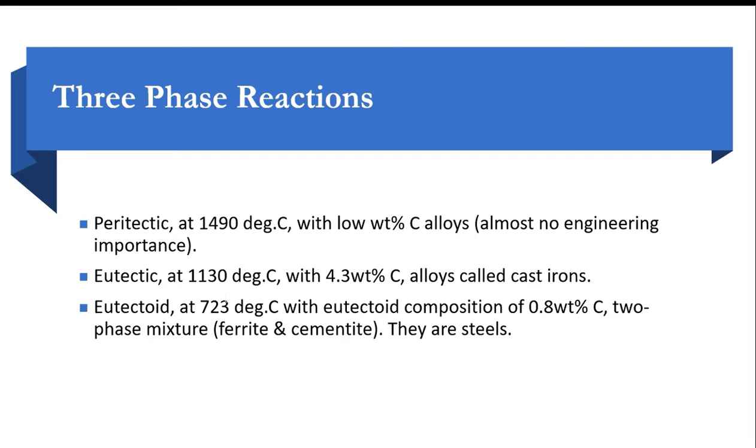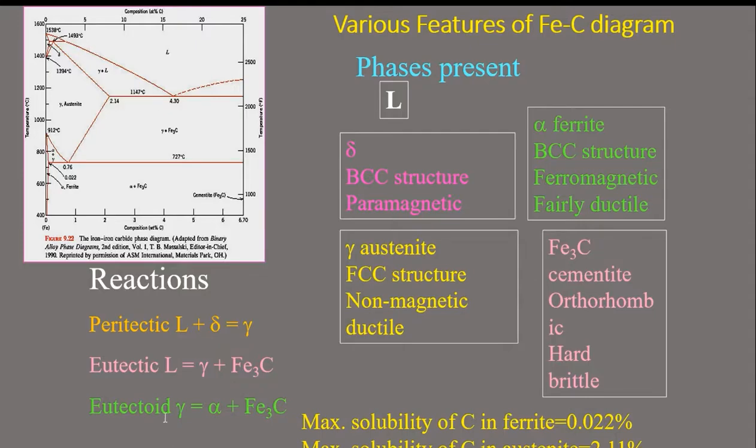Eutectic means start with liquid, change into solid. Then eutectoid at 723 degrees Celsius with eutectoid composition of 0.8 weight percent carbon, a two-phase mixture. It is ferrite and cementite, right? You know, so one solid converts to two different solids here, right?